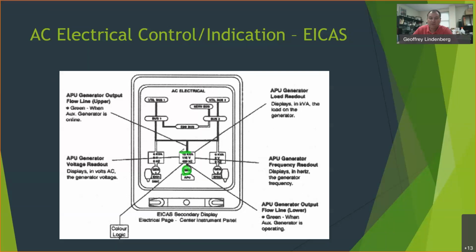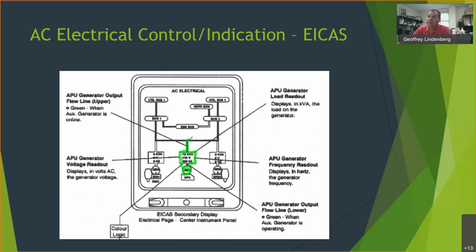This box right here lists the voltage, frequency, and load. kVA is a current measurement, kilovolt amps. Because remember, voltage times amperage equals, or voltage times resistance equals amperage. So this is kVA.